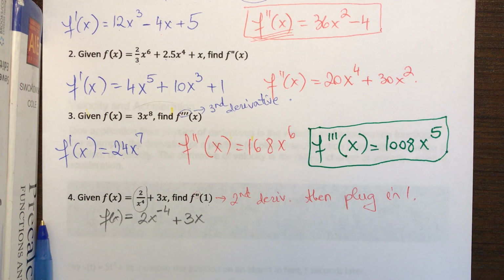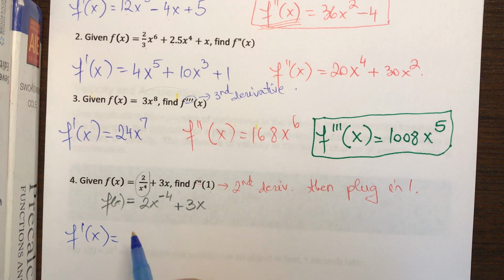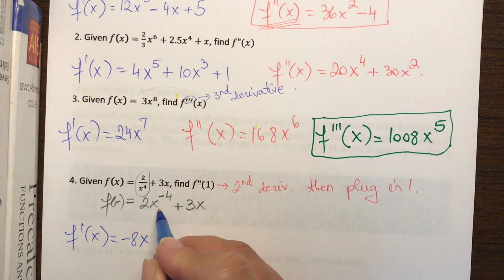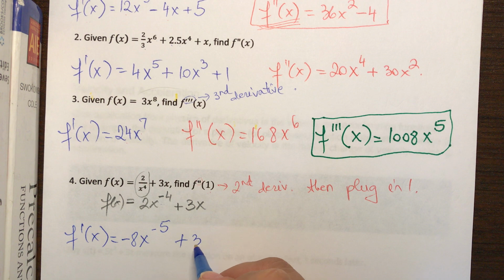Yes, I have not found any derivatives yet. But I had to rewrite it in order to use the power rule. So now let's find the derivative. So 2 times negative 4 is negative 8. X, to be careful, 1 less than negative 4 is down to negative 5, plus 3.